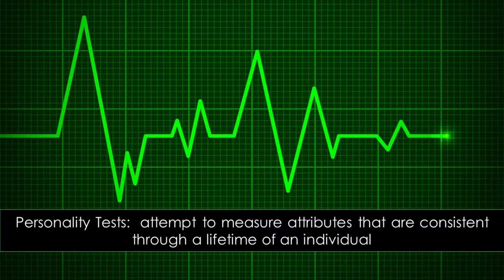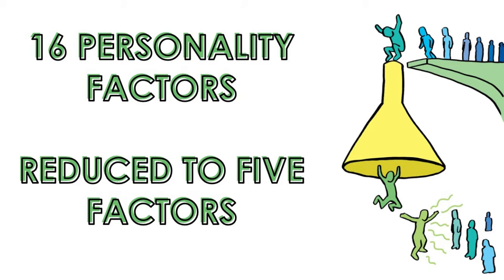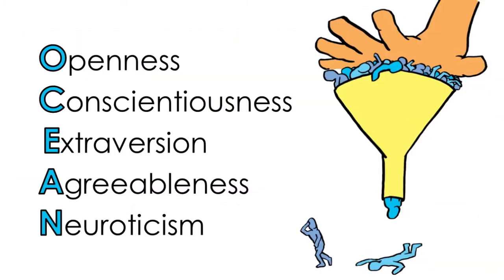So it ends up boiling down to 5 factors. In fact, today almost all personality tests are based on the 16 primary traits that were factor analyzed and boiled down to 5 global factors. Basically, it's openness, conscientiousness, extroversion, which of course we're very familiar with, neuroticism, and agreeableness.